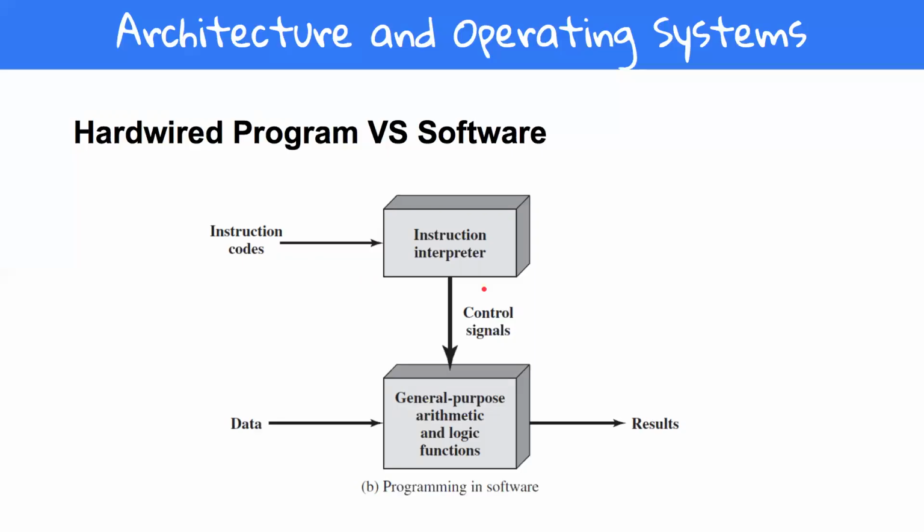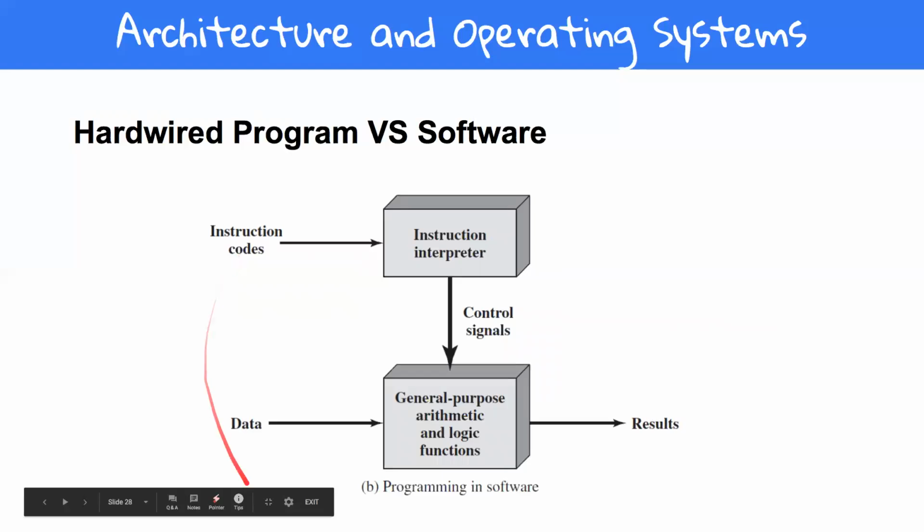When you want to add, you've got a specific opcode for adding. So the instruction interpreter understands that's adding, and sends the signal to the general purpose adder subtractor that okay, this is an adding operation. You need to turn the external switch off. So that happens. And then you get the data from the memory, because you can both store the data and instruction on the memory, and then load it with the data, you get the results.